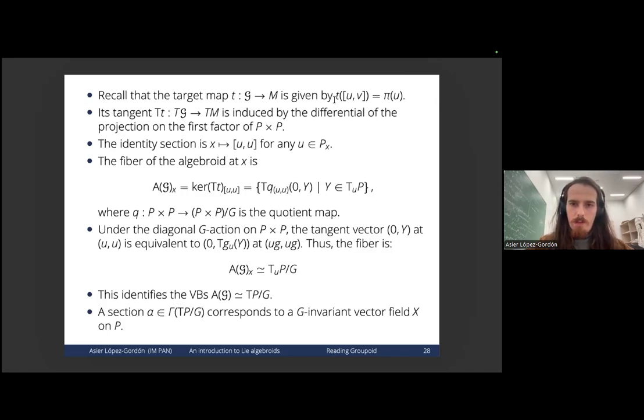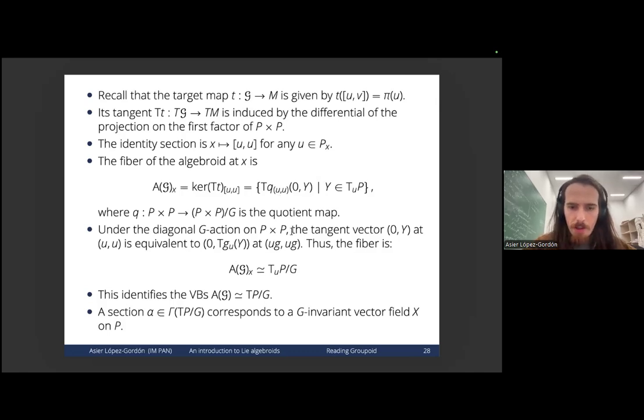We can express this as applying the tangent of the quotient map given by the diagonal action over the pair of vector fields 0 and a vector field on the point U over P.